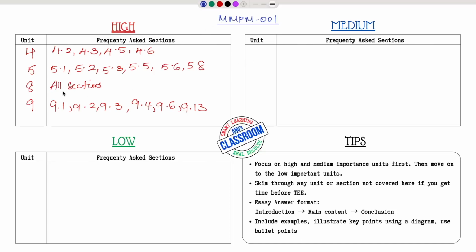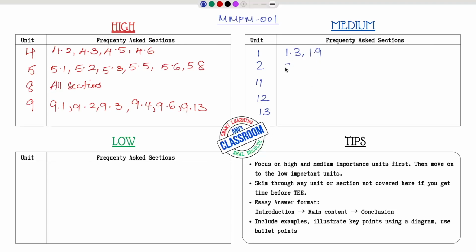Okay, so these are the high importance units and the sections from where questions were frequently asked. Now let us look at the medium importance units. These are units 1, 2, 11, 12 and 13. In this also, from unit 1, mostly questions have come up from sections 1.3 and 1.9.